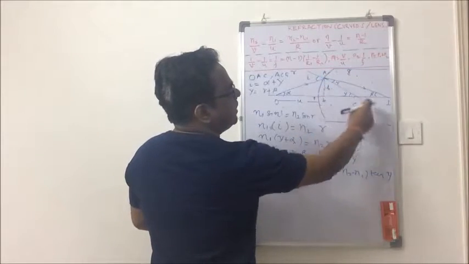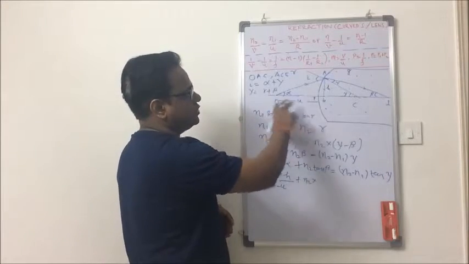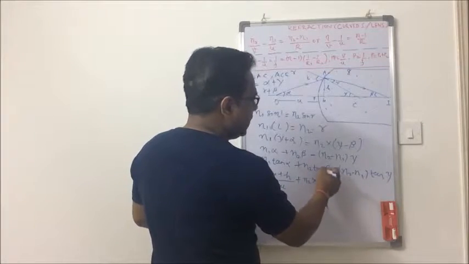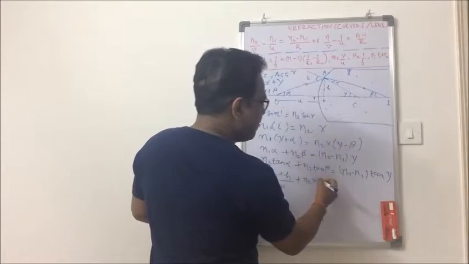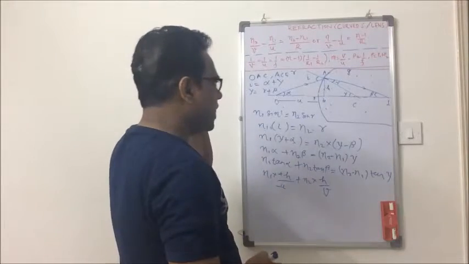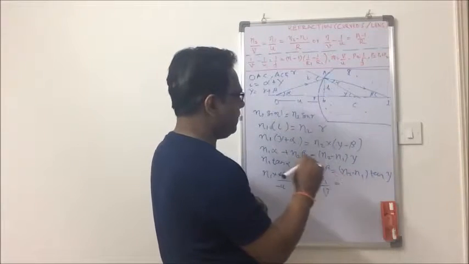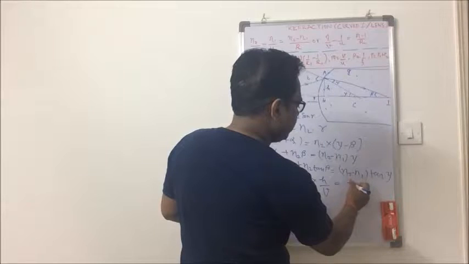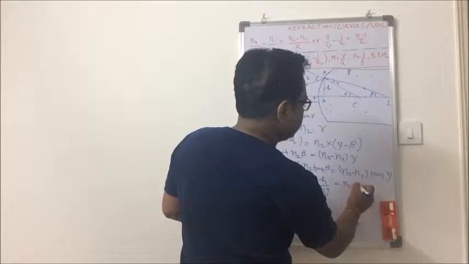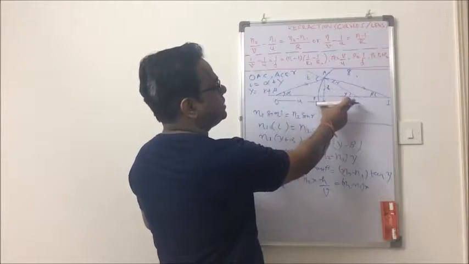plus N2 tan beta would be h divided by, because we measured this u in the opposite direction of the ray, that's why it was minus u, and now N2 multiplied by tan beta would be h divided by v, so h divided by v, and for gamma, N2 minus N1 tan gamma would be h divided by this PC.